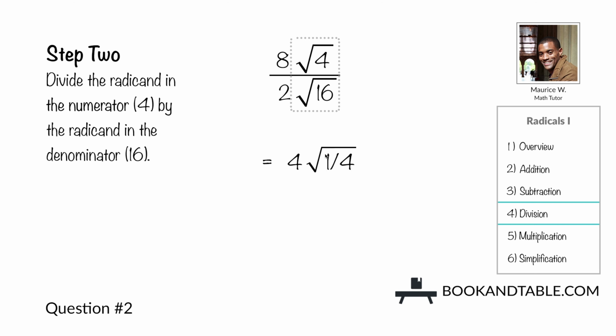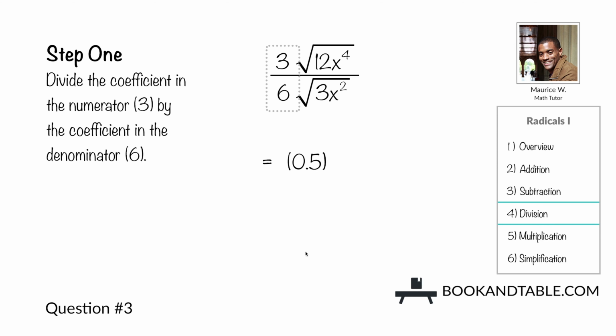Now the square root of 1 can be simplified to 1, and the square root of 4 can be simplified to 2. So 1 over 2 is equivalent to 1/2. 4 times 1/2 is equal to 2. So 8 radical 4 divided by 2 radical 16 is equal to 2.